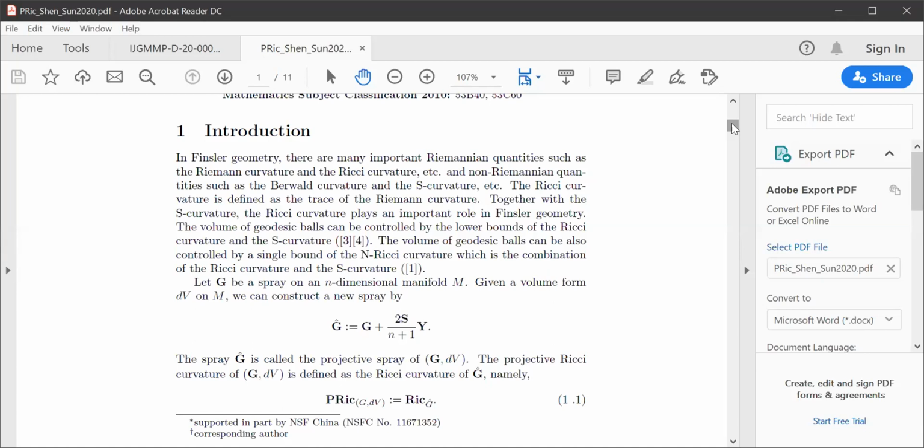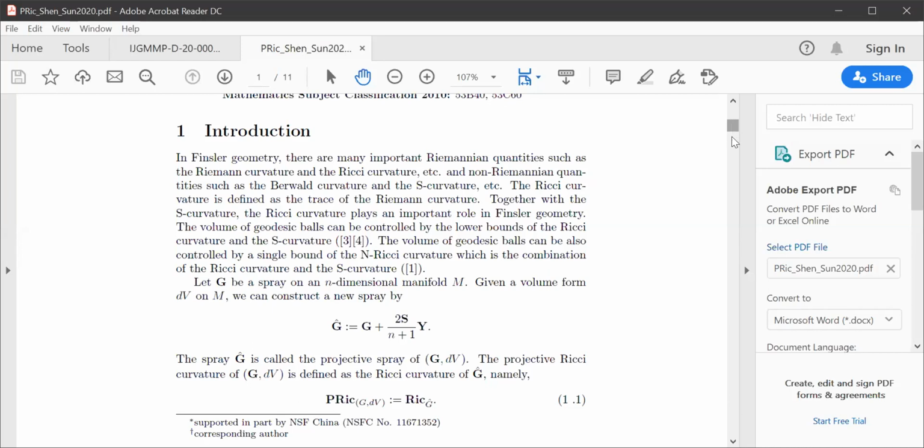First of all, you just have a general spray. Then you have a volume form. With the spray and the volume form, you get an S curvature. Then you use that to modify the original spray, actually trying to get rid of the PYI part. Then that spray is very important.